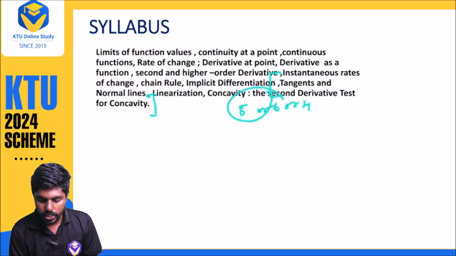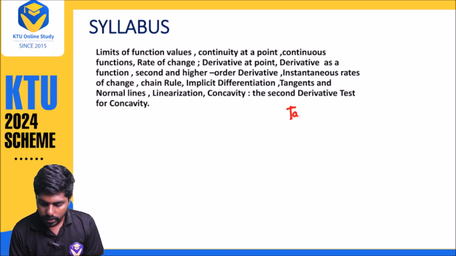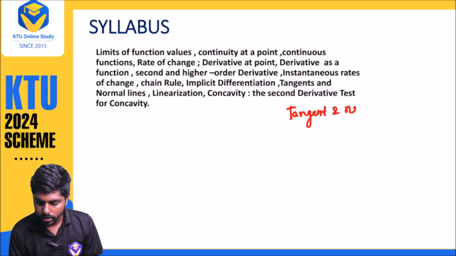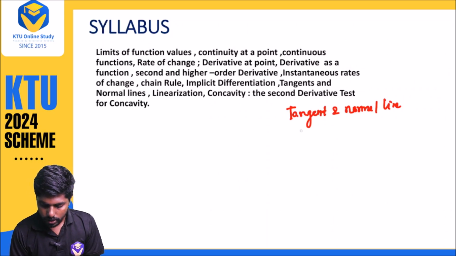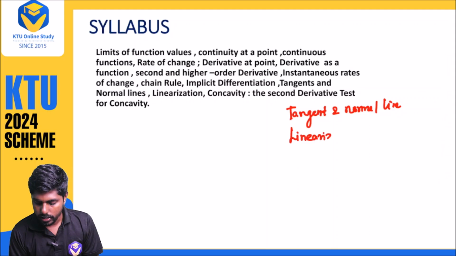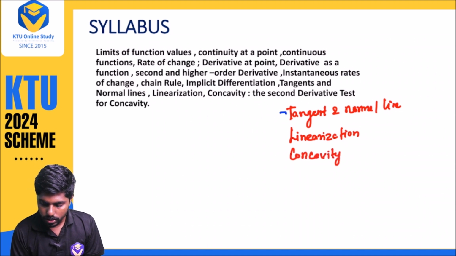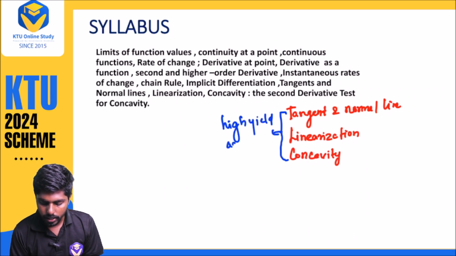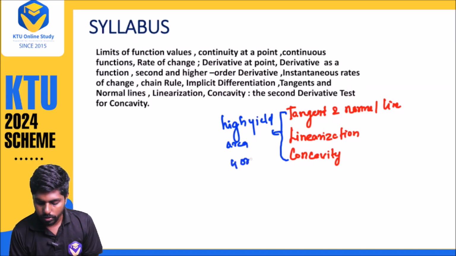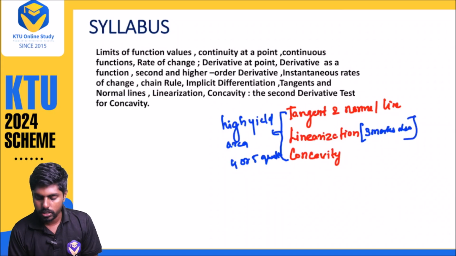So today's class will be on tangent and normal line, then linearization, then concavity. These are high yielding areas from which a maximum of 4 or 5 more questions will be coming, and this topic can also be a 3 mark question.